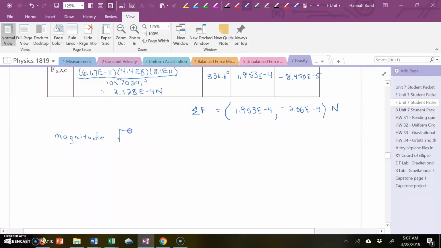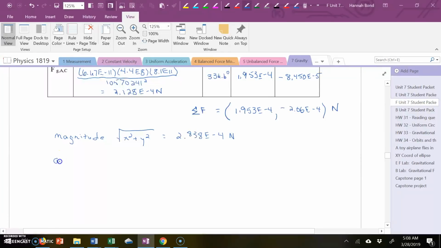Remember, that's the square root of the x component squared plus the y component squared. And so we get 2.838 e to the negative fourth newtons.